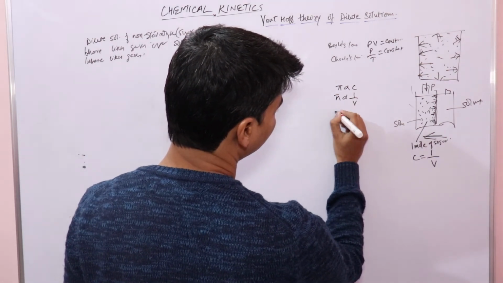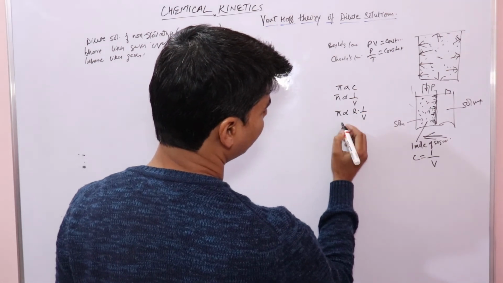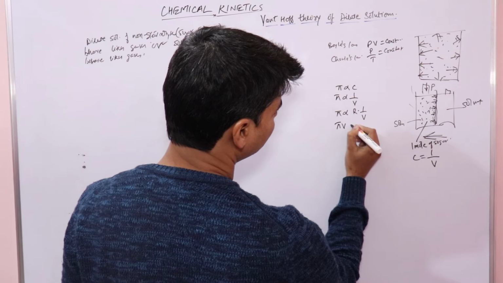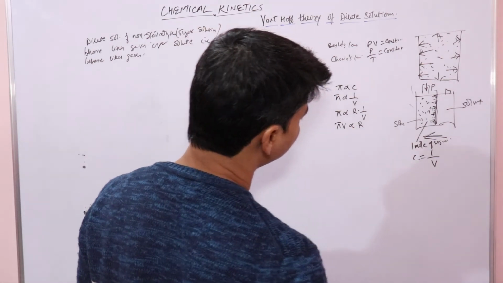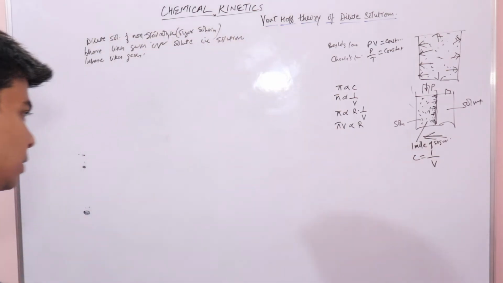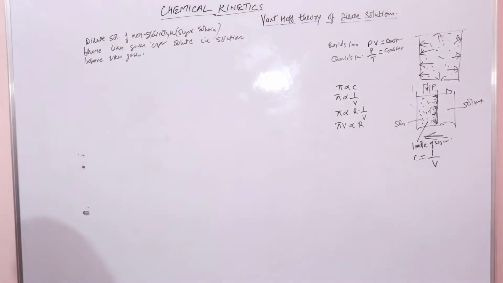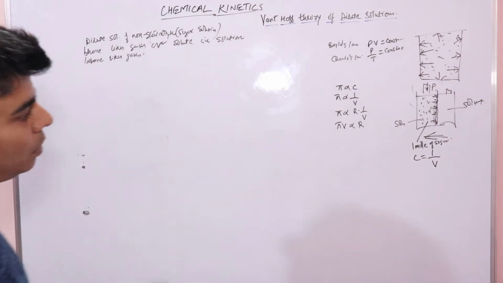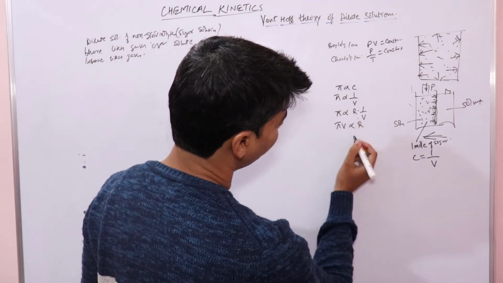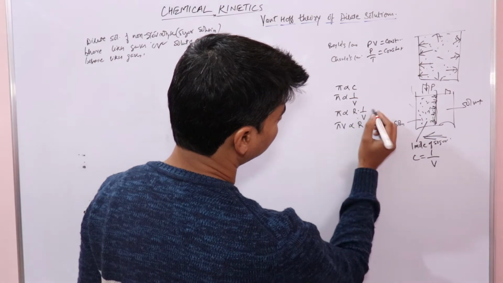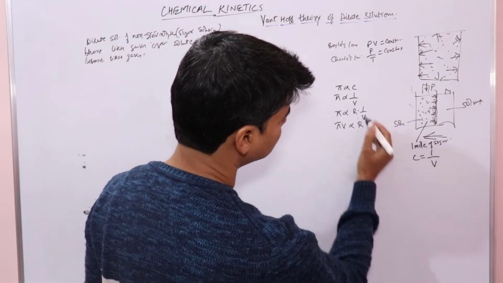So if I replace this, pi V is directly proportional to R. So this is the one relation that we have got. Just remember this, we'll be using this.